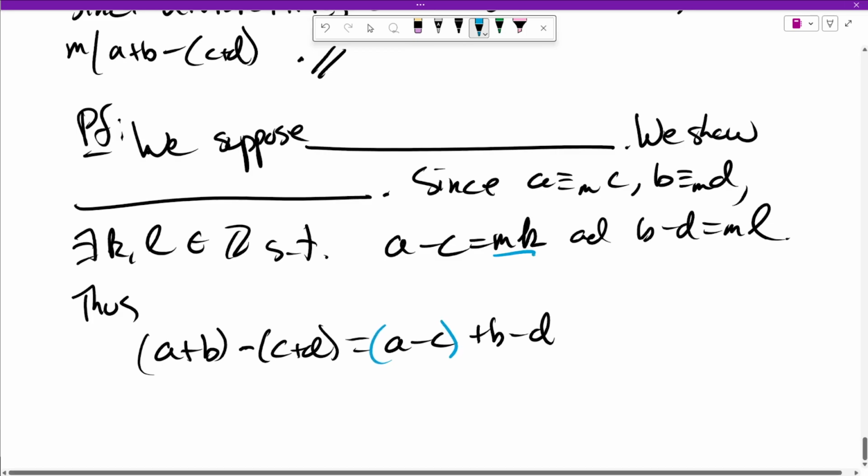Now, our A minus C we can replace with mk, and our B minus D with ml. And that's m(k plus l).